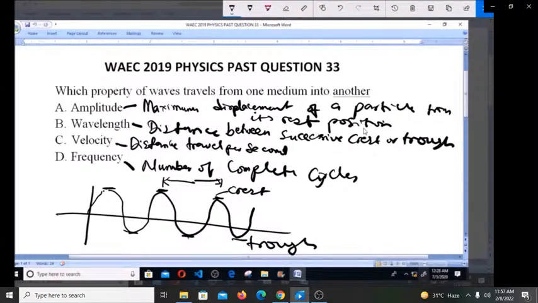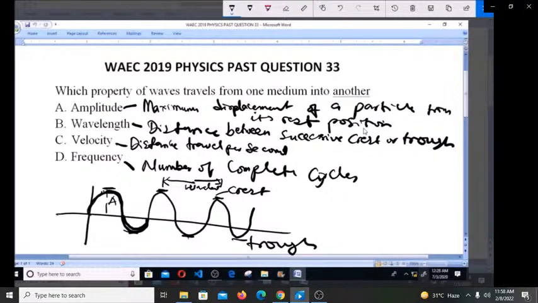This is what we call wavelength. Now, amplitude is the distance from here to here. Then what we call frequency is what is covered. A complete cycle is here. This is half a cycle and this is another cycle. So when you cover a full cycle like this, then you have the frequency.